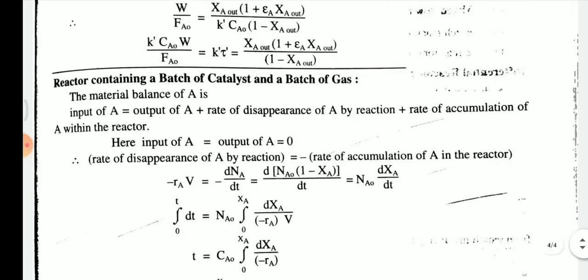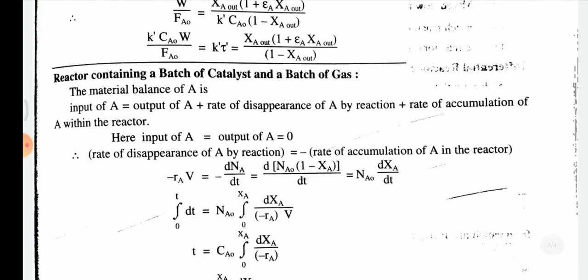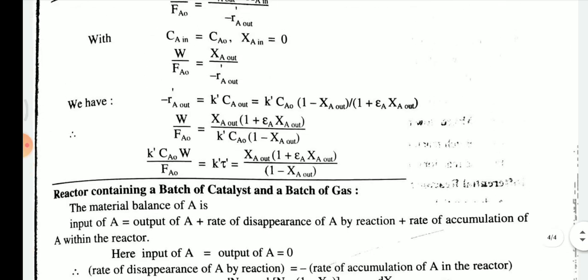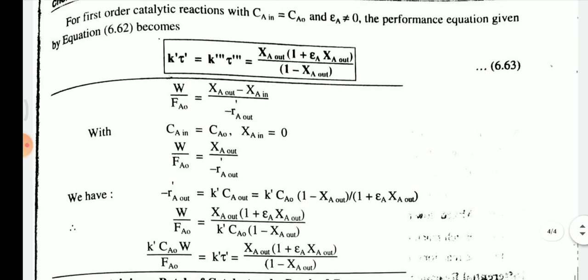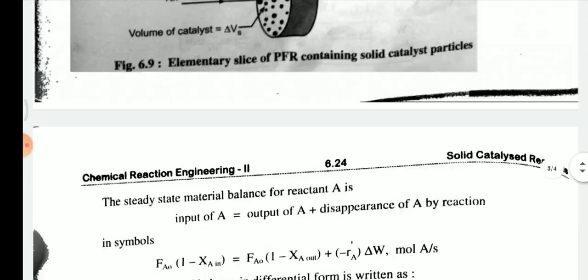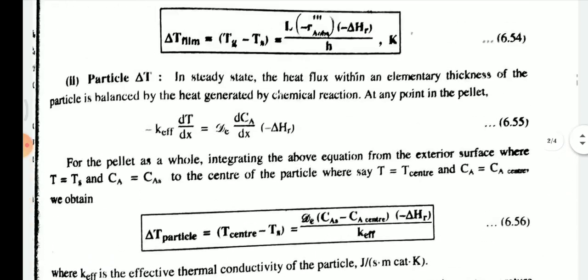Now the other data is given below, that is a reactor containing a batch of catalyst and a batch of gas. The reactor which is containing a batch of catalyst and a batch of gas, so it should be in the form of gas.